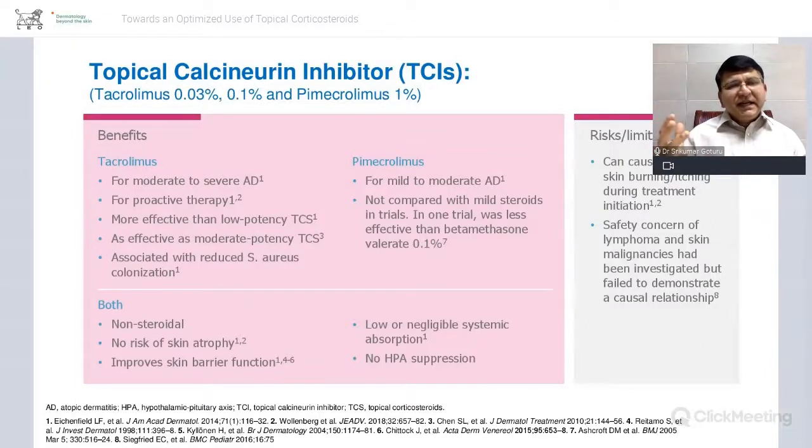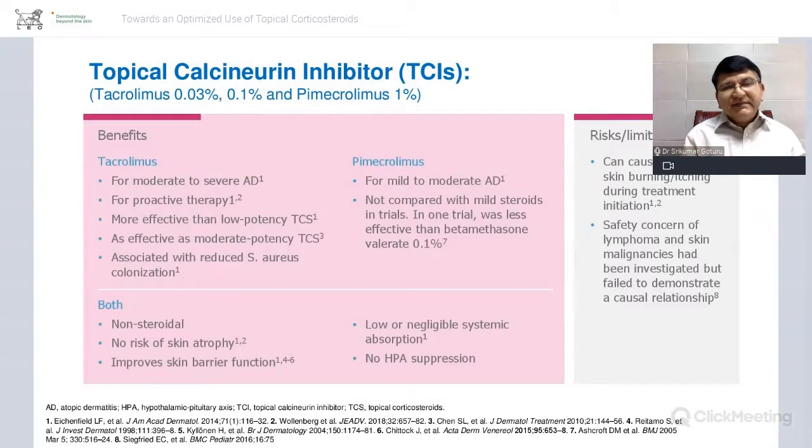Tacrolimus can be used as a proactive therapy to prevent the flares. We can taper the topical corticosteroids down to weekly treatment if required, and we can use topical calcineurin inhibitors like tacrolimus twice a week on alternate days or something, even over a period of 52 weeks, and we can actually successfully prevent the flares.